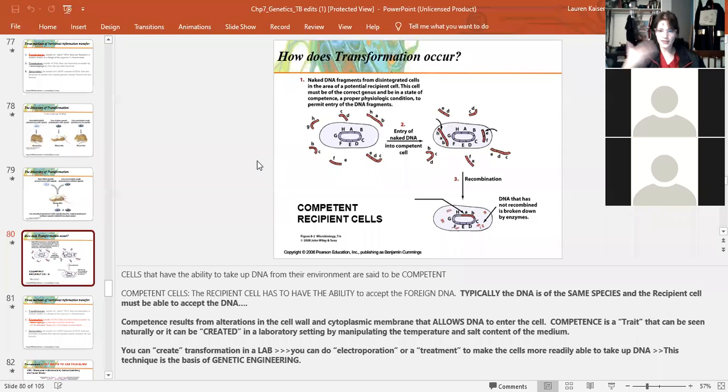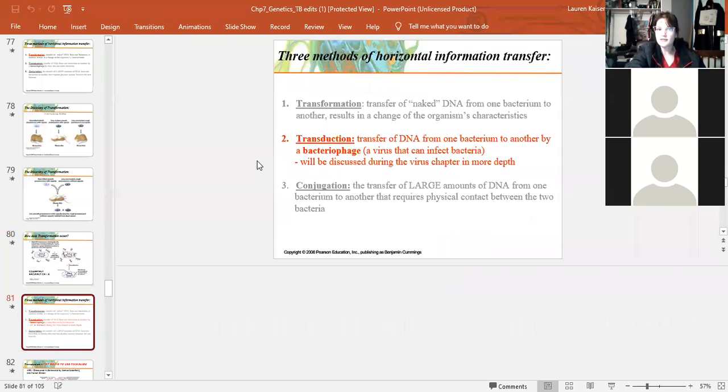It's hard for words today. But if you want an example, think about what you did in your transformation lab. That is transformation. It wasn't just a word to tell you that it changed. This is the type of horizontal gene transfer we're talking about. So that is the example there.